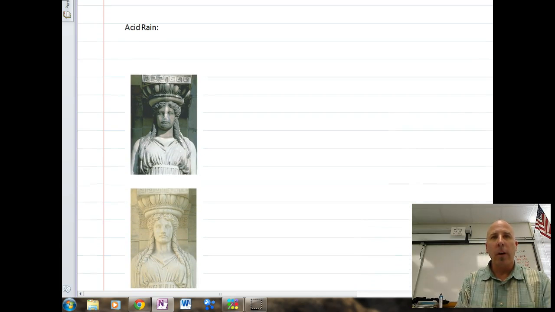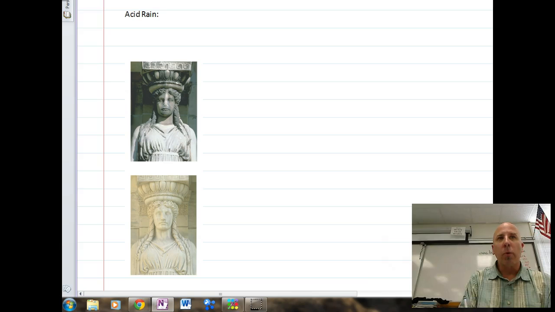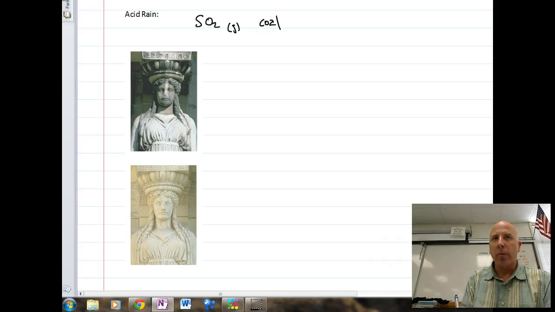Take a look at another thing that comes up, and this is acid rain. Acid rain basically comes from sulfur compounds, usually sulfur and oxygen. We get SO2 gas being given off by the burning of coal and some natural gases, depending on the type of coal. Different types of coal have different sulfur content.